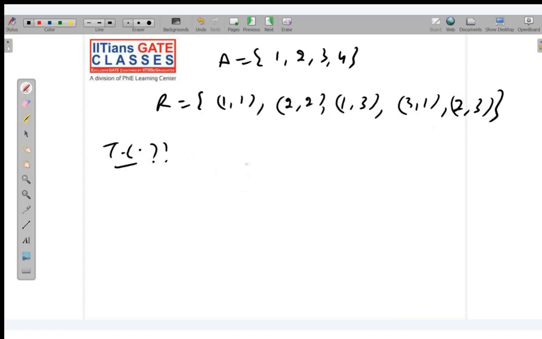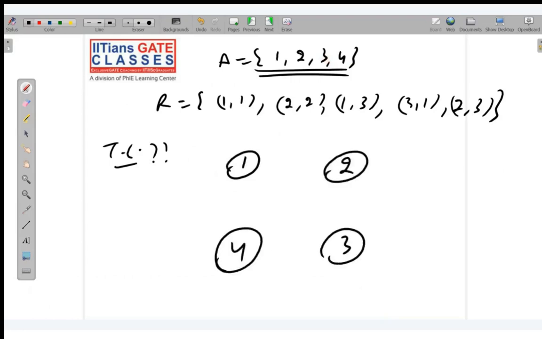So how to find that? See the parent set. In the parent set we have 4 elements, so I will make 4 elements in the digraph. Now I will see 1 to 1, 2 to 2, 1 to 3, 3 to 1, 2 to 3.